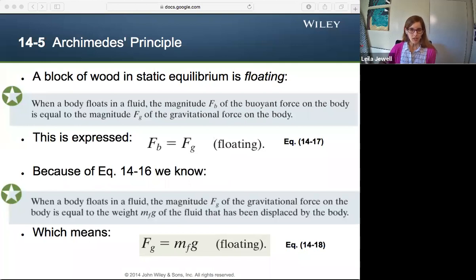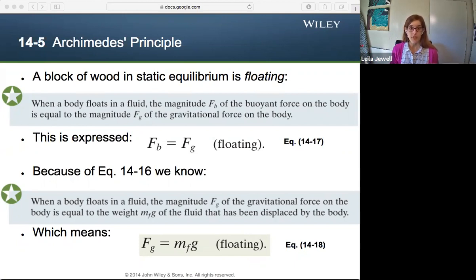Now, a block of wood in static equilibrium is floating. We can picture it resting on the top of the water. And if something is floating, we have this extra additional condition. When a body floats in a fluid, the magnitude of the buoyant force on the body is equal to the magnitude of the gravitational force on the body.